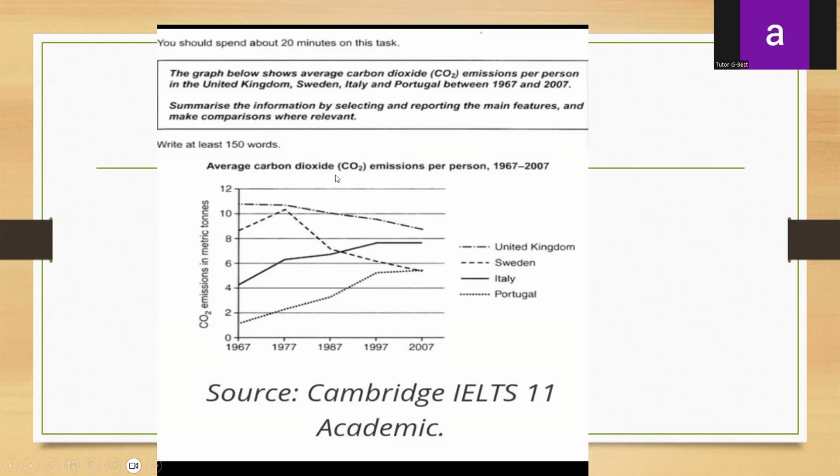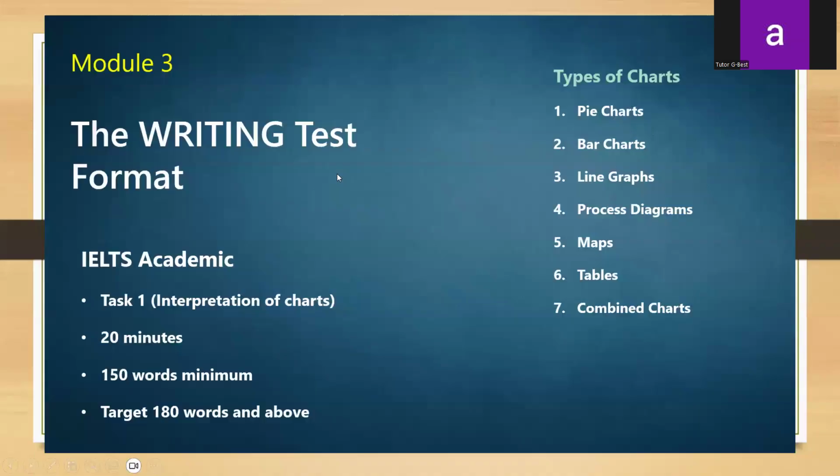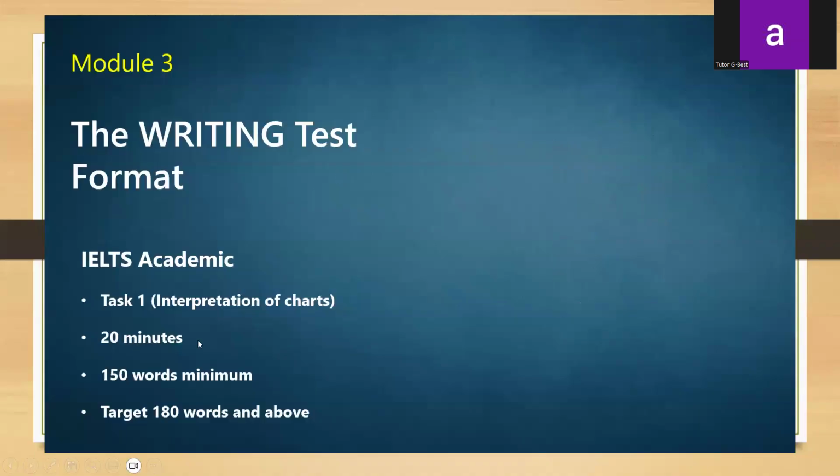You interpret data on a chart. Now, you have 20 minutes to interpret that chart, and you have to write 150 words minimum. But your target should be 180 words and above if you want to score a band 7.